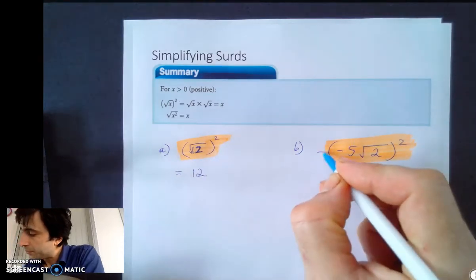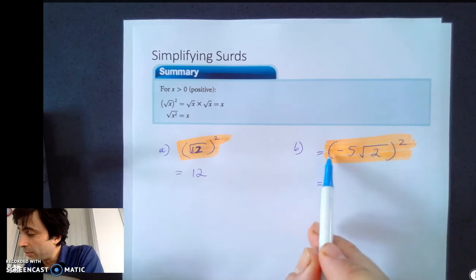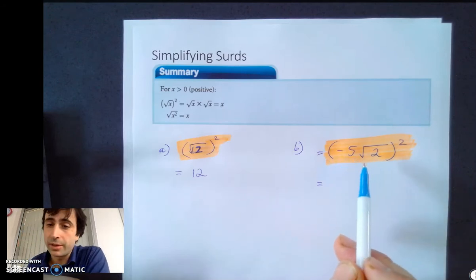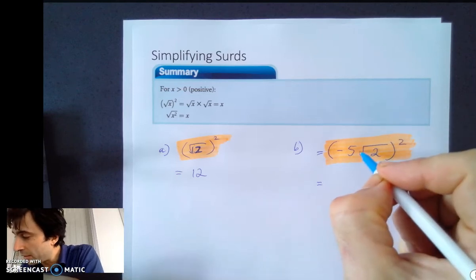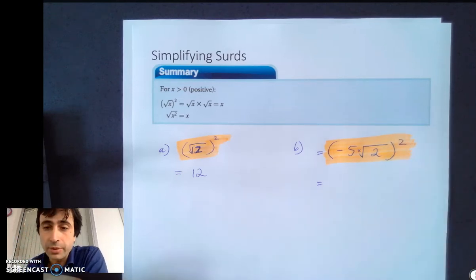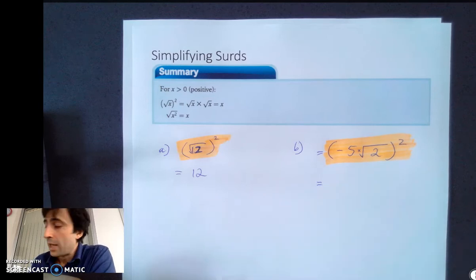Whereas here we have one that's a little bit more complicated. Here we have negative 5 square root 2. So that's the same as saying negative 5 times square root 2. We leave out the times because we're lazy.